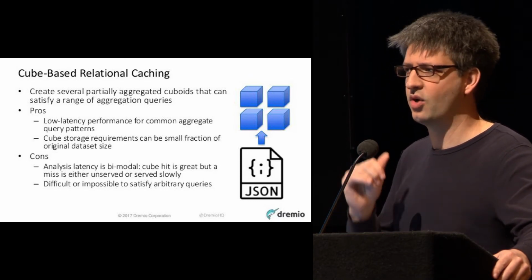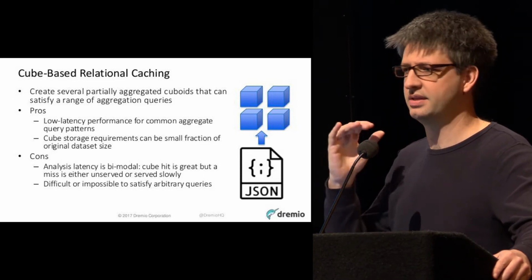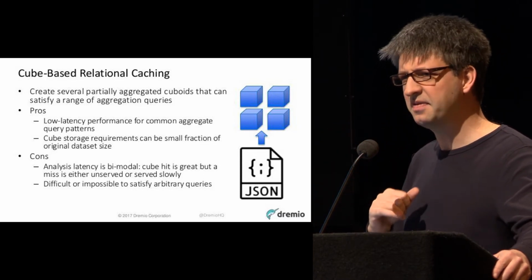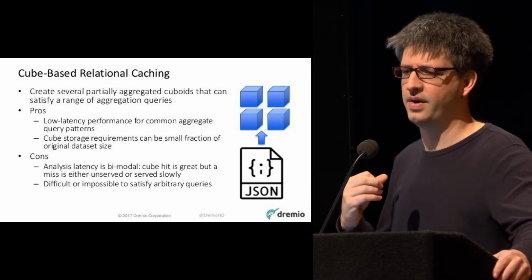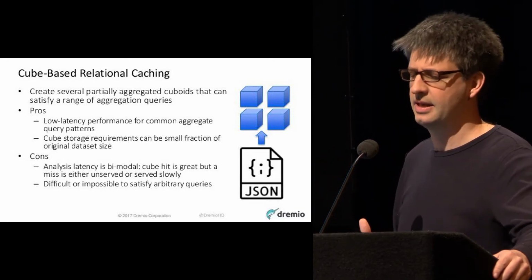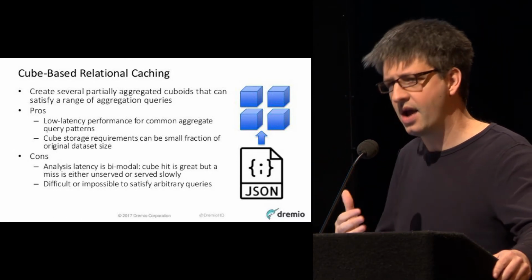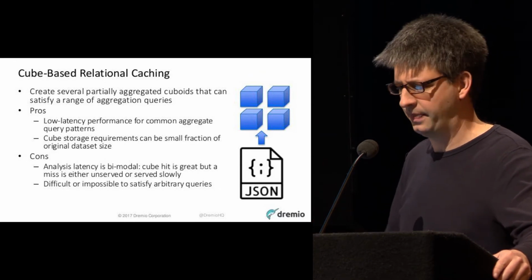It's great if I'm doing a Tableau workflow where I'm grouping by A, grouping by B, summing C. If I start wanting window functions or arbitrary expression trees, there are ways to solve some of these, but in general it breaks down when you have an arbitrary query pattern that you need for a dashboard or something like that.